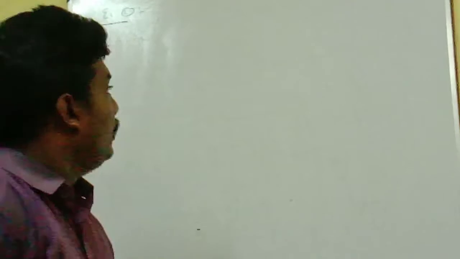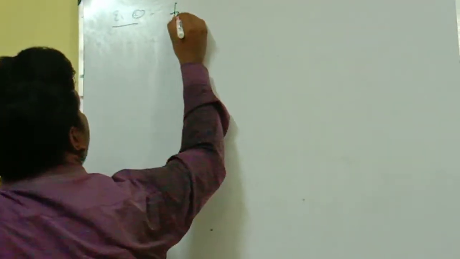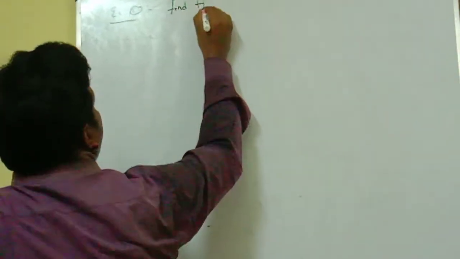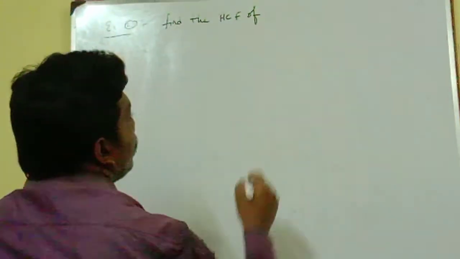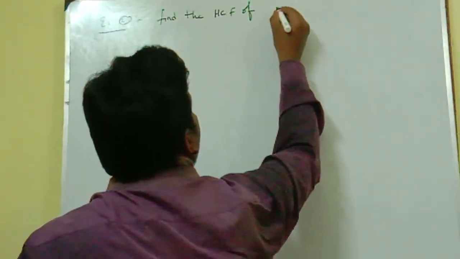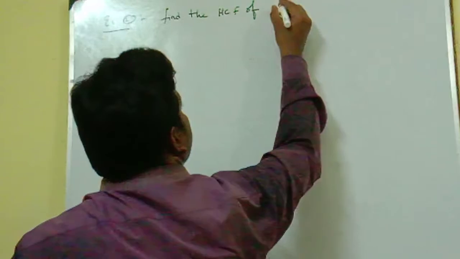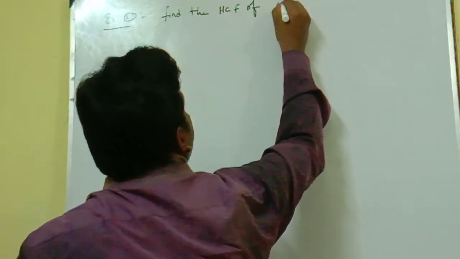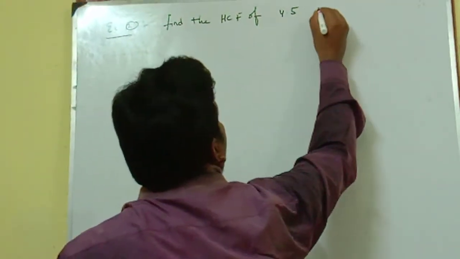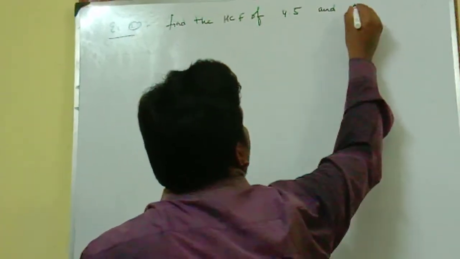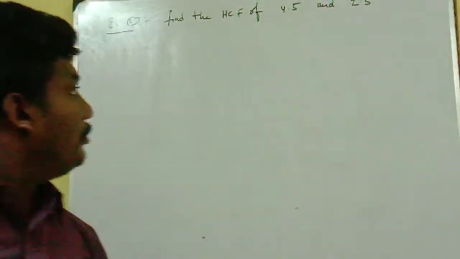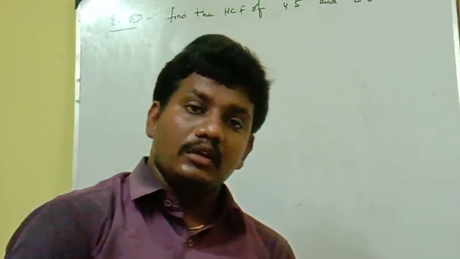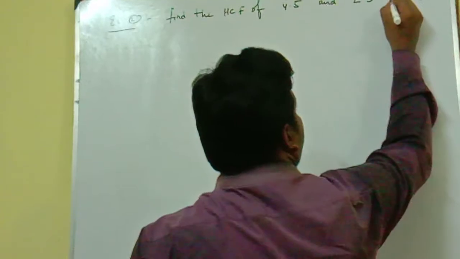Example 2. In this example we have to find the HCF of 4.5 and 2.5, by using Euclid's division lemma.